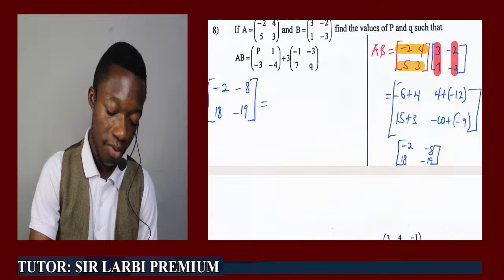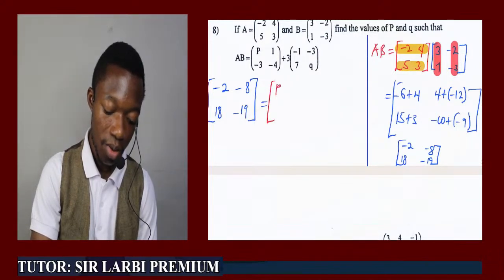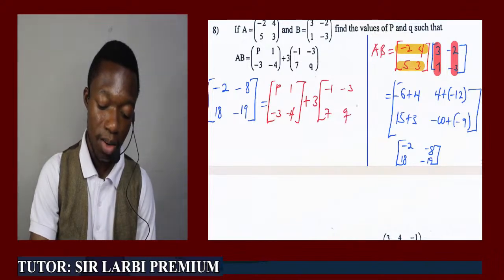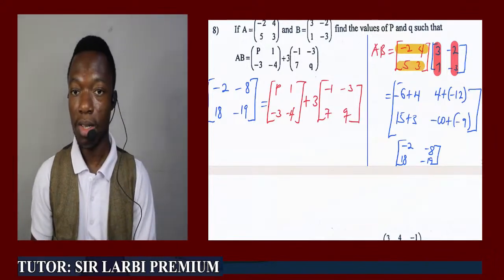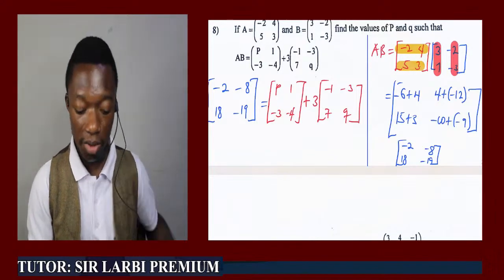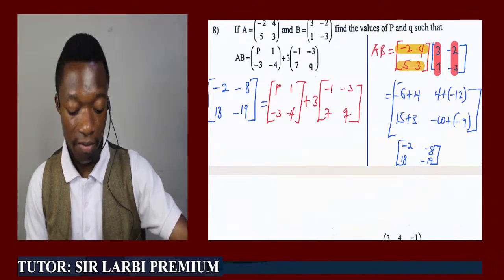That is, we have P, 1, -3, -4 plus 3, then -1, -3, 7, and then Q. So once we have this down, we can do our comparison to find the value of P and Q.